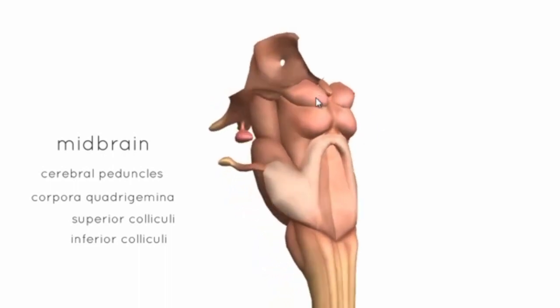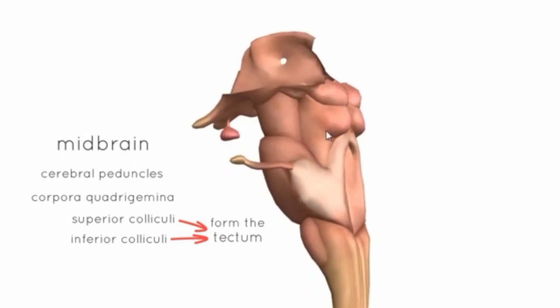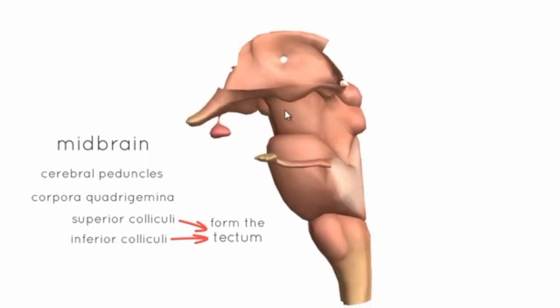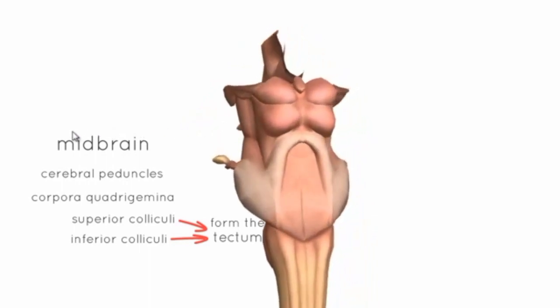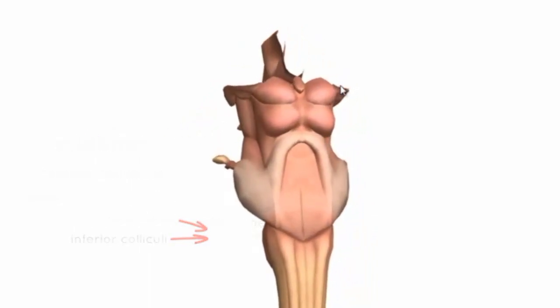These colliculi sit on the tectum. The tectum is the roof of the midbrain, and tectum means roof in Latin. So these corpora quadrigemina sit on the tectum of the midbrain. The midbrain is this structure here. You've got the cerebral peduncles, and you've got the tectum with the four colliculi.